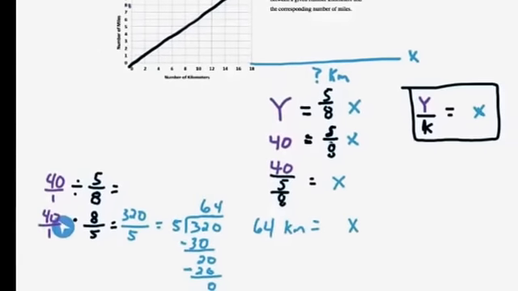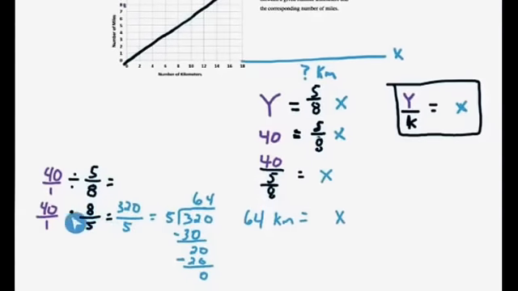We multiply straight across and find 320 divided by 5, and 5 will divide into 320 64 times. So we have x equal to 64 kilometers.